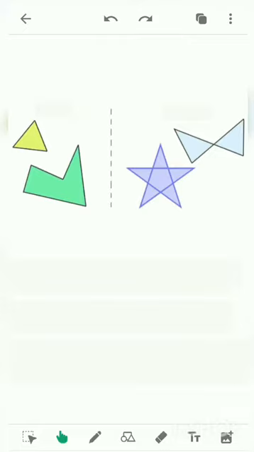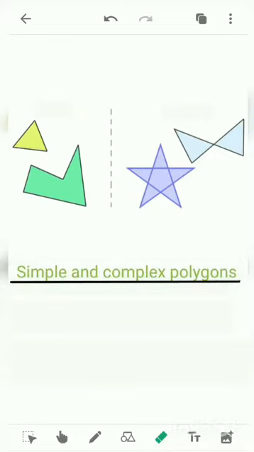Then what are the differences between them? Based on their differences, these two sets of figures are classified into simple and complex polygons. The left set of figures are called simple polygons since their sides are not intersecting. This set of figures are known as complex polygons since their sides are intersecting each other.